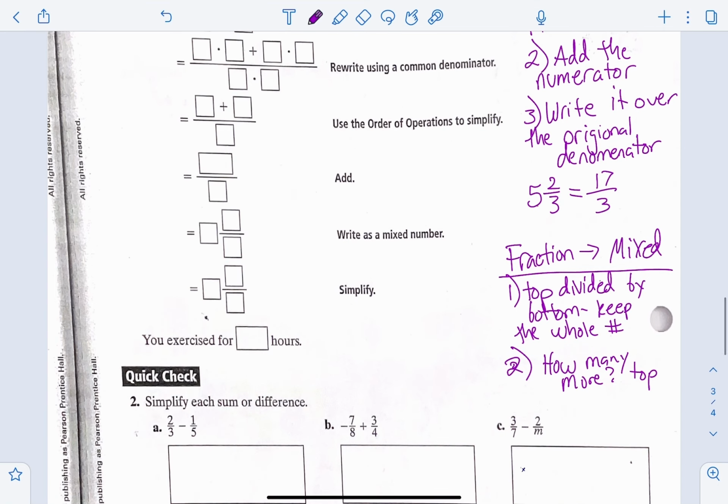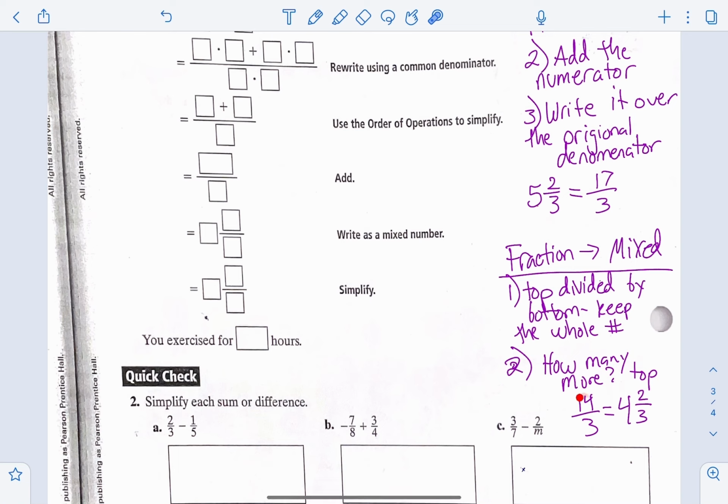So let's do 14 over 3. 14 divided by 3. 3 goes into 14 4 times because we get to 12, right? 3 times 4 is going to get us 12. So the whole number is going to be 4. If we only get to 12, but we need to get to 14, then that means that there's 2 left, and that goes over the original denominator.